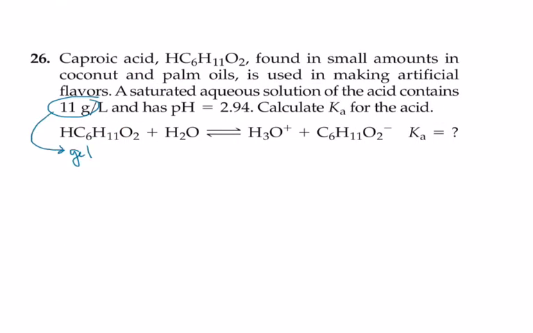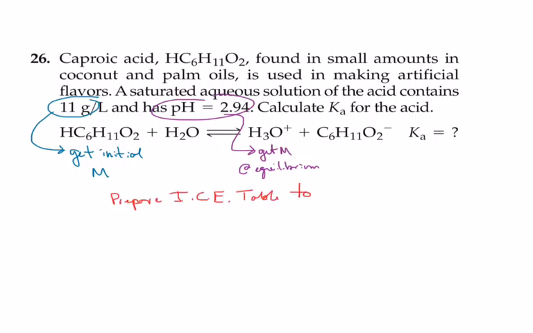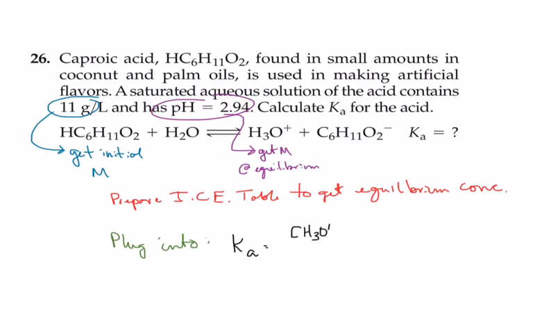Very good. And then the next one is another weak acid. In this case, you get to go from grams of acid per liter to moles of acid per liter, the weak acid. Do that front end work, and then prepare an ice table and plug in to get the Ka.